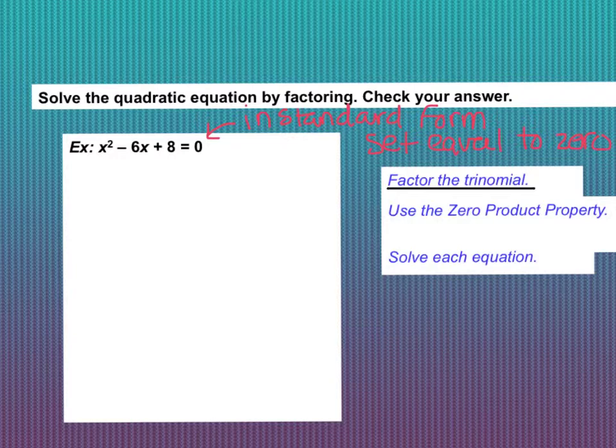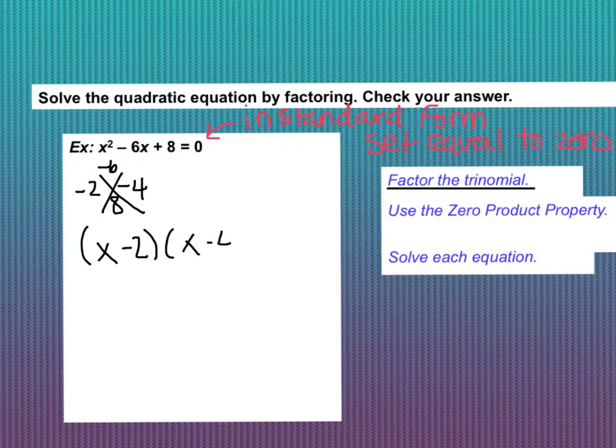So now let's go ahead and use the X method. I have negative 6 on top, positive 8 on the bottom. Two factors that work are negative 2 and negative 4. So I factor my trinomial and I get X minus 2 multiplied by X minus 4. And remember, this is all set equal to 0.